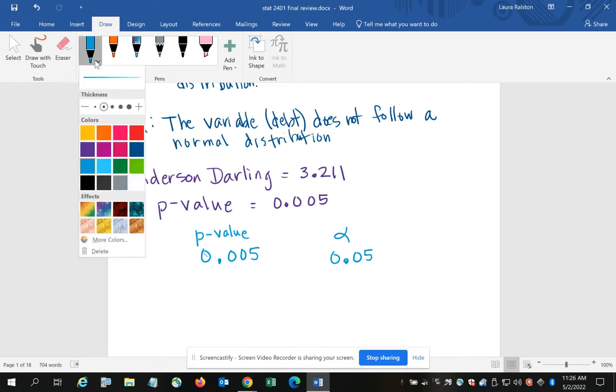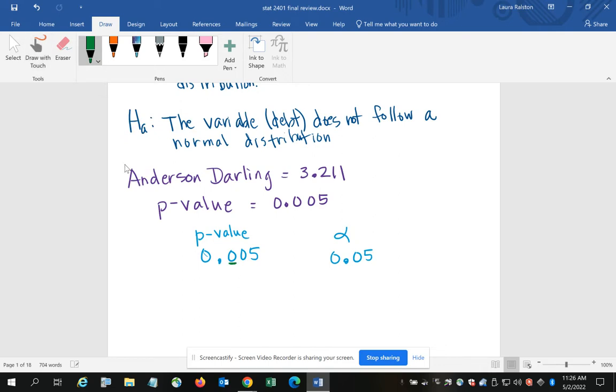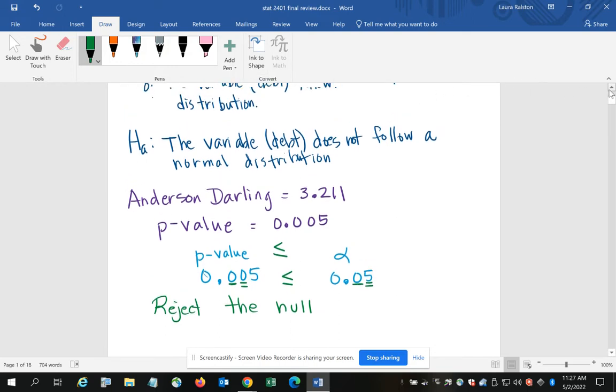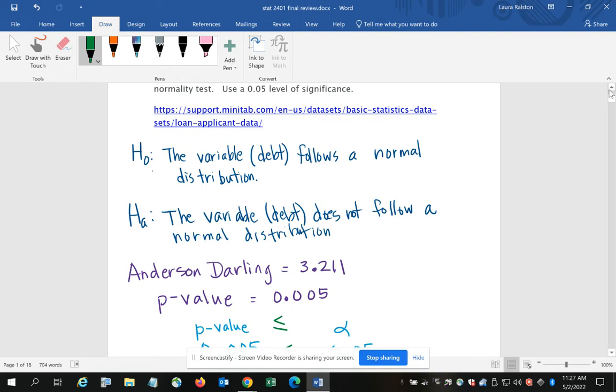I've always encouraged you to do this digit for digit. So I have 0 compared to 0, 0 compared to 5. 0 is less than or equal to 5, so P is less than or equal to alpha. When P is less than or equal to alpha, we reject the null. If we reject the null, that means that our null hypothesis is false or wrong.